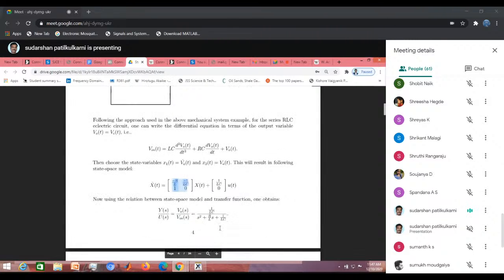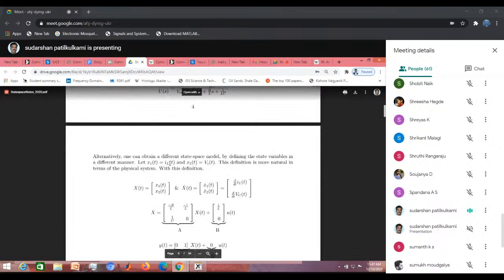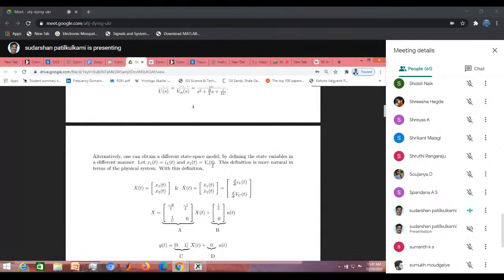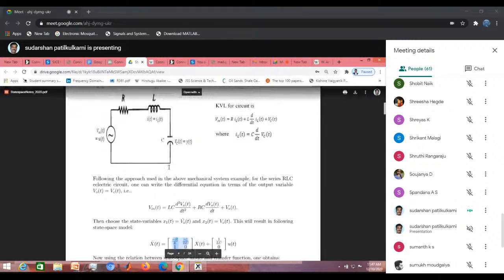The alternate way is defining x1 of t as the loop current and x2 of t as Vc of t. Then x1 dot of t is equal to di by dt, the loop current. So just get an expression for di by dt in terms of the other variables.